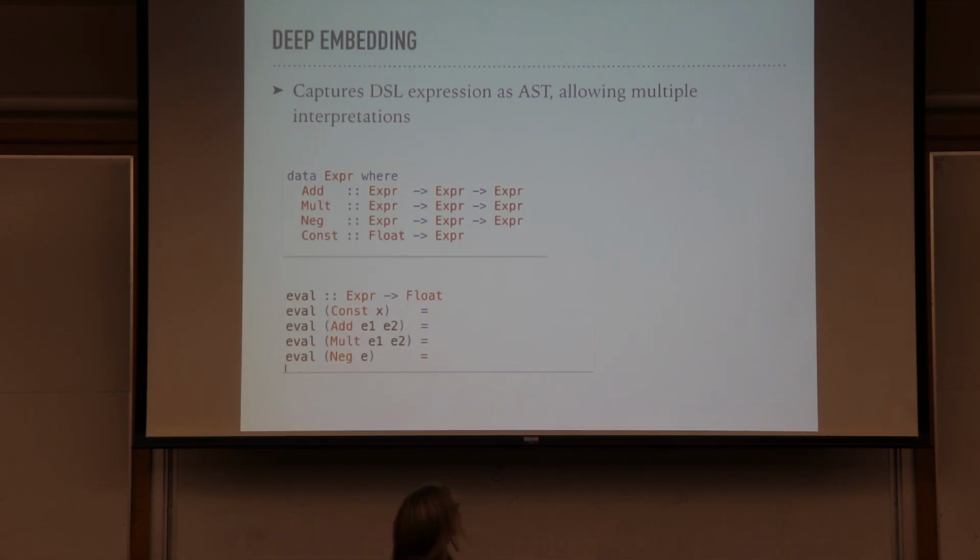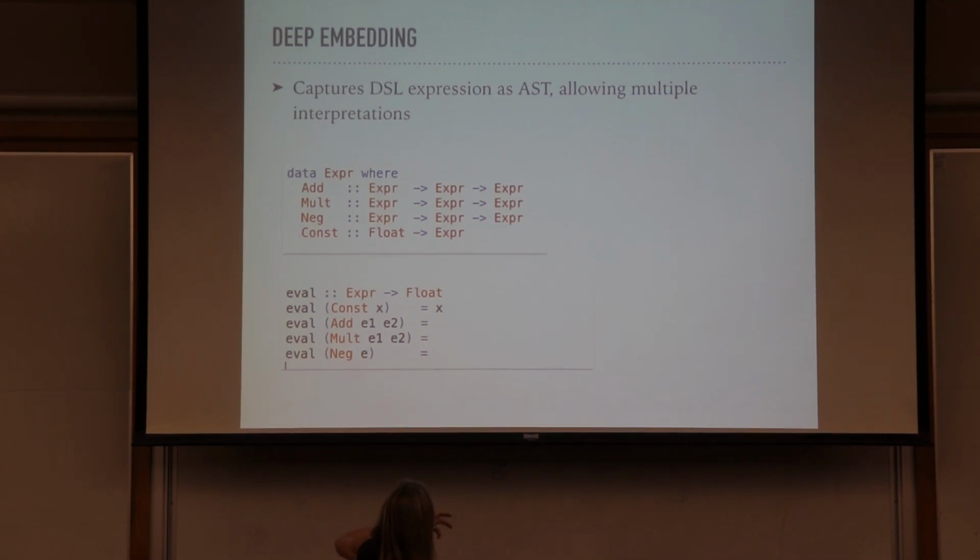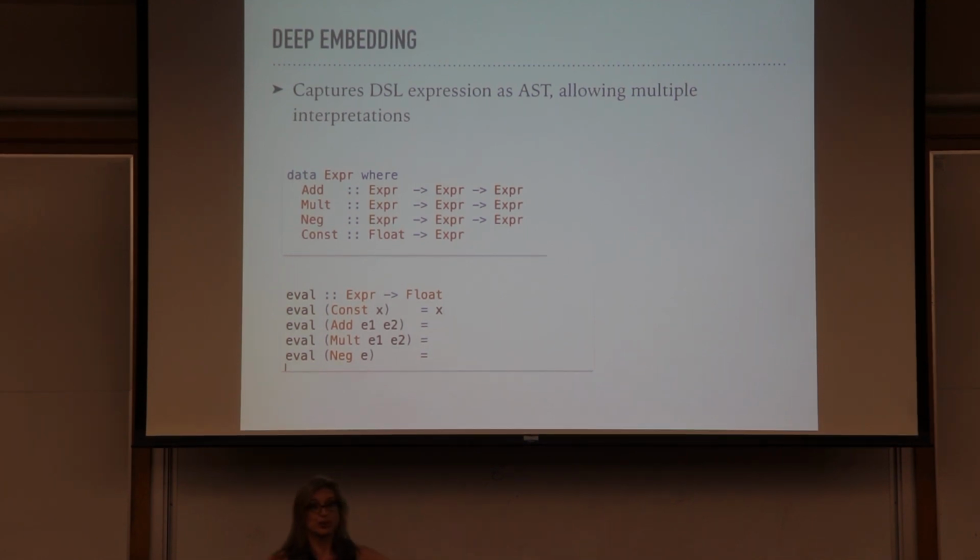It takes such a tree and returns a floating point number. If it's a constant value, then the result is just x, so it just takes it out. If it's an addition node, then I just have to recursively evaluate both subtrees and add the results, and so on.